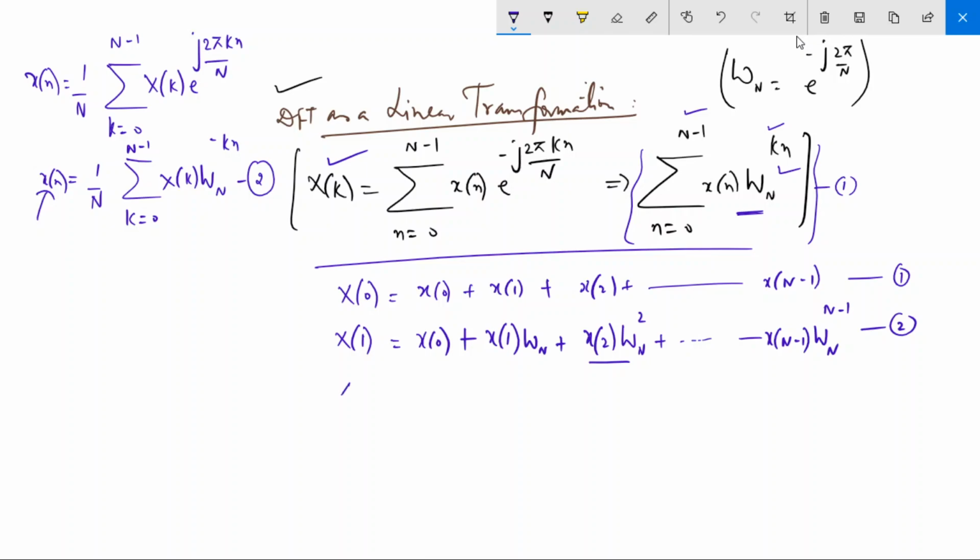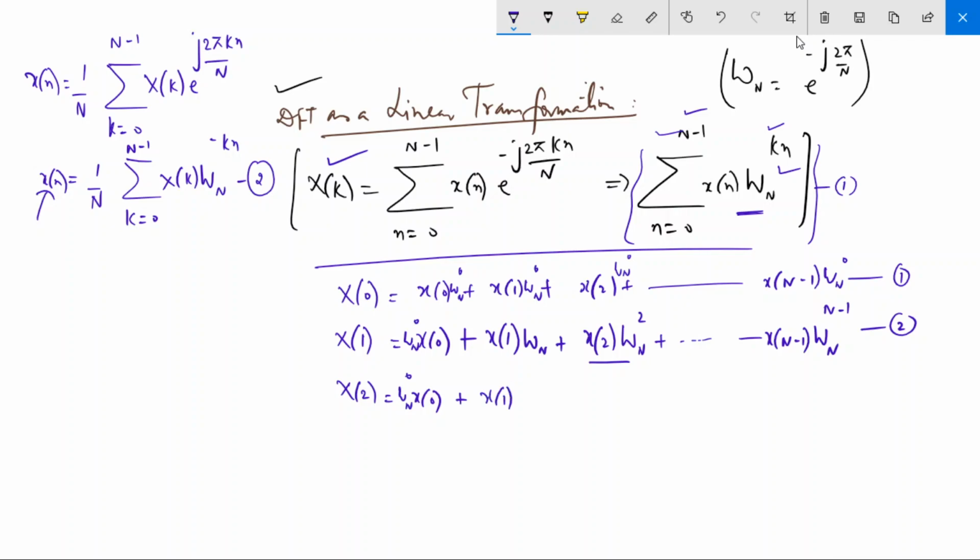Okay, similarly you can have X[2]. Now k is 2 and n will again run from 0 to N minus 1, so first it will be x[0]. In fact, with this term we have W_N to the power 0, but that is equal to 1, so I have not mentioned it here. Similarly, in the first column it is W_N to the power 0, but it is 1, so I have not written it.